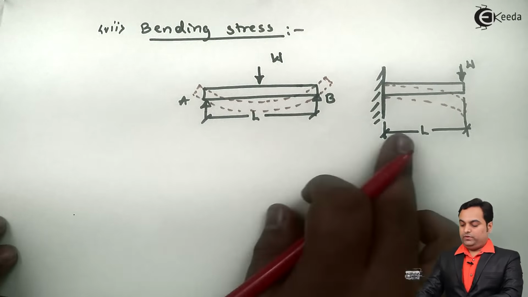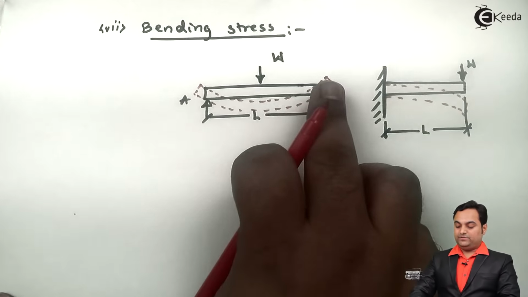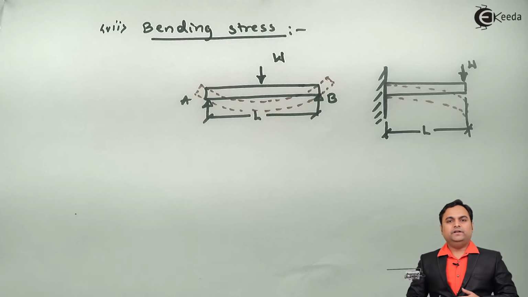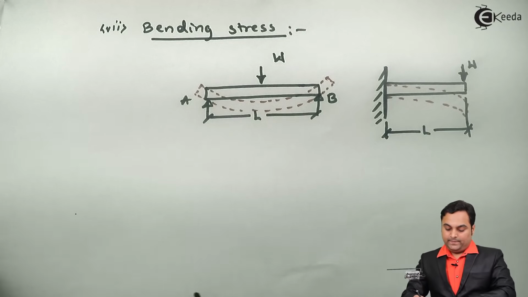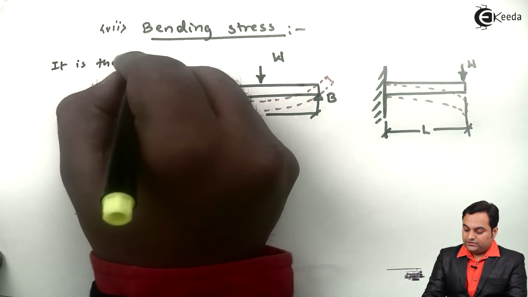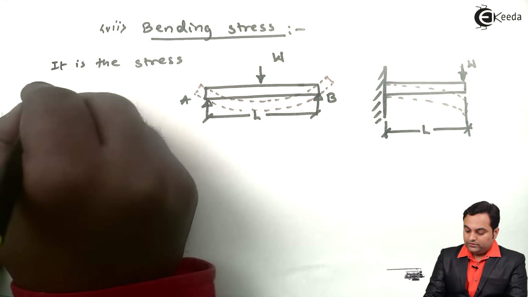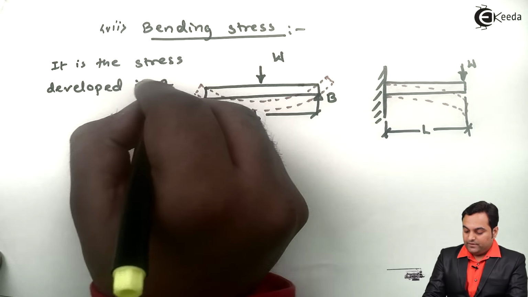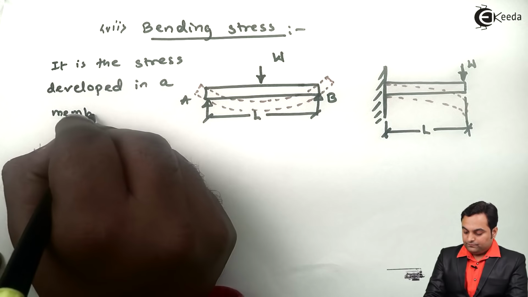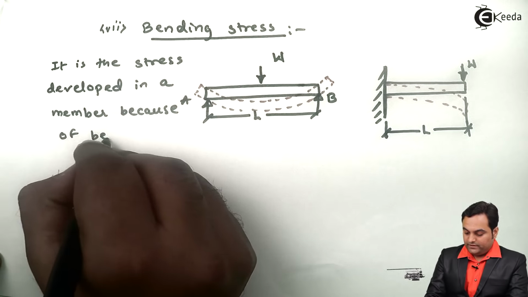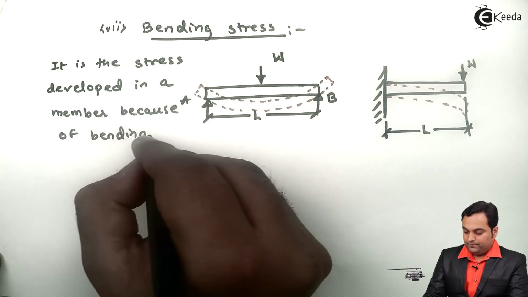Both beams are subjected to bending, and the stress developed because of bending in the beam is called bending stress. So bending stress is the stress developed in a member because of bending load.